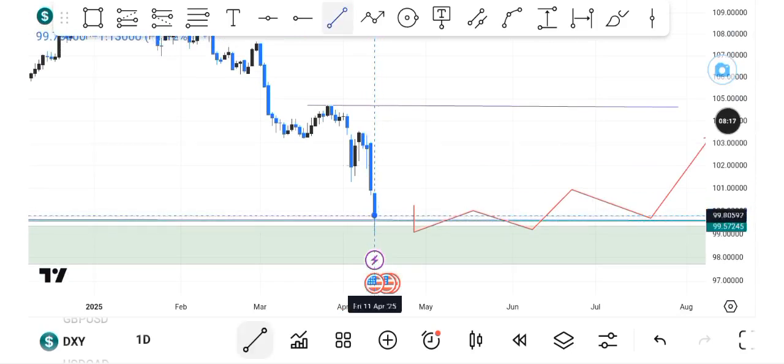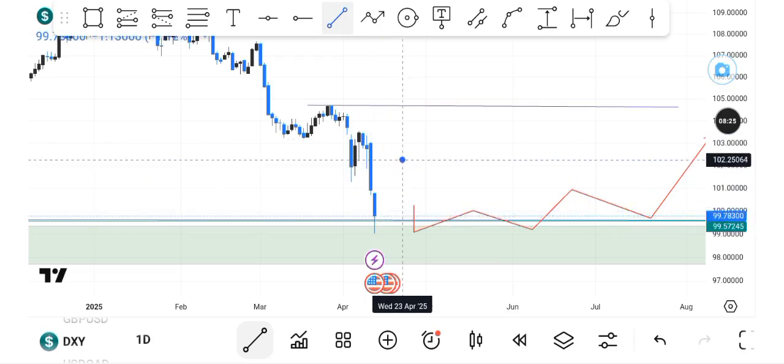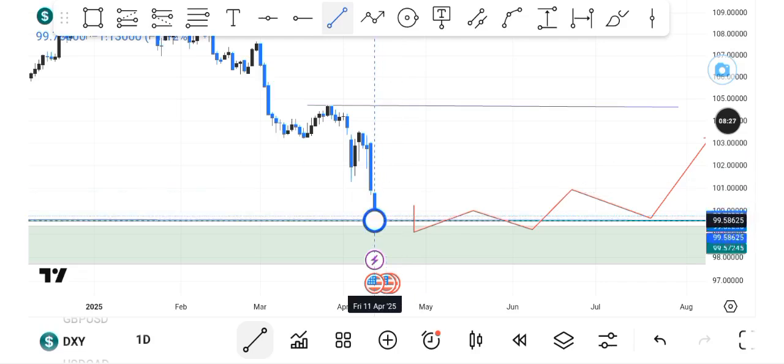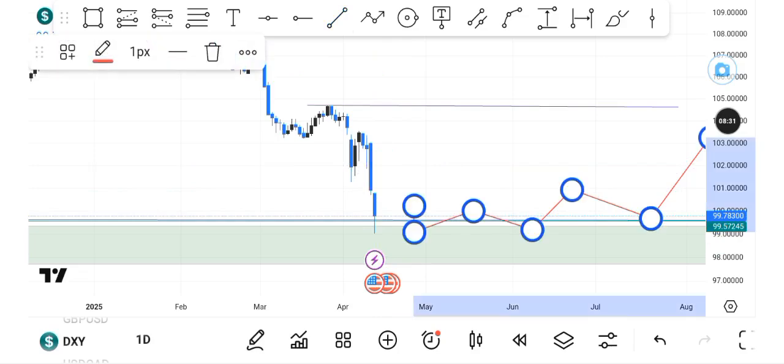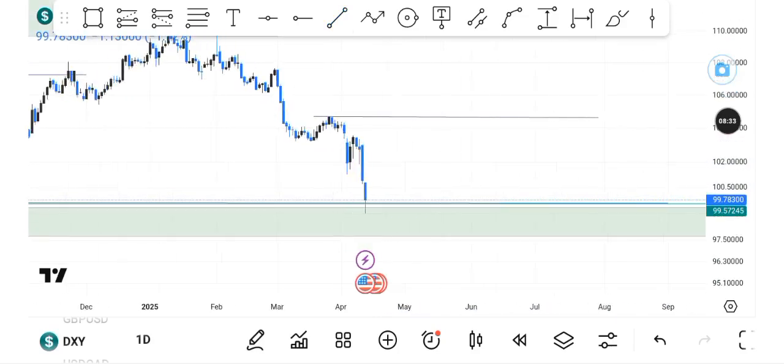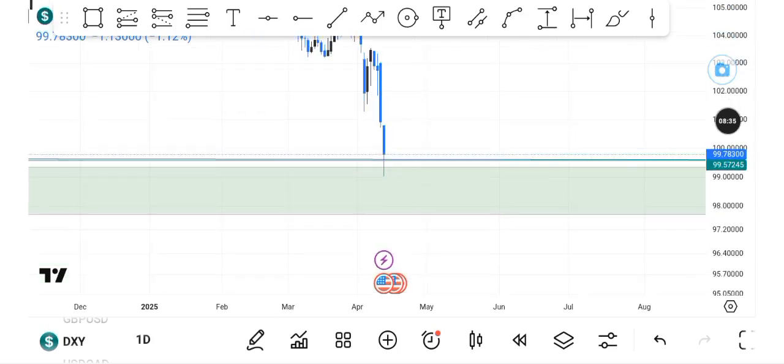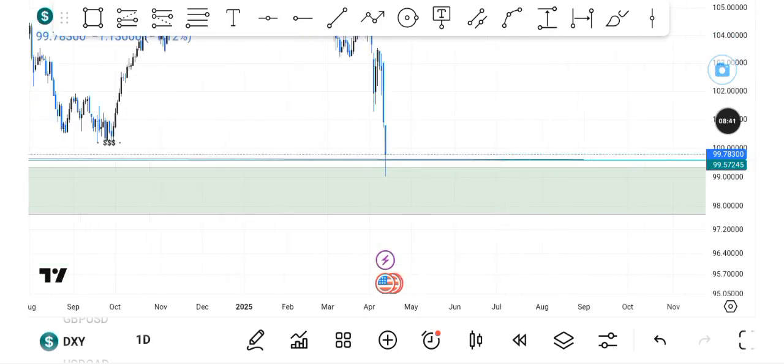Since we are on the daily time frame, I expect that when you go down and refine to the 1-hour, you get a market structure shift on the 1-hour, which means we shall expect a change of character, which means buyers will be able to set in and push the market back up to the upside.